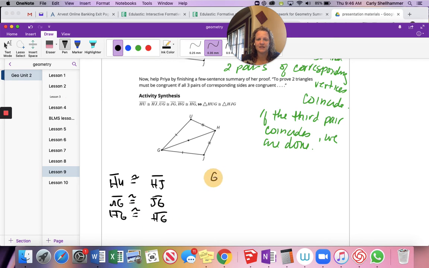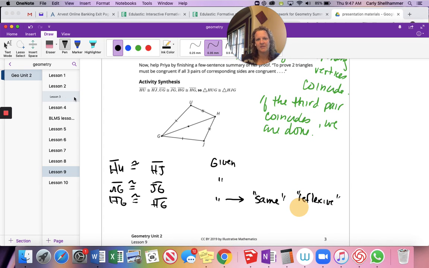And these are all given. This last one, it is given, but it can also be. All right. So everything's marked. I would mark this with a triple tick just because I like to.